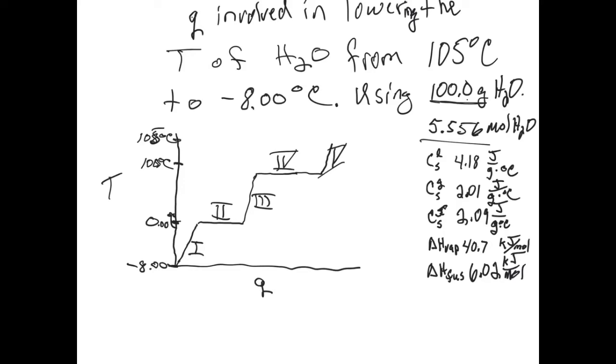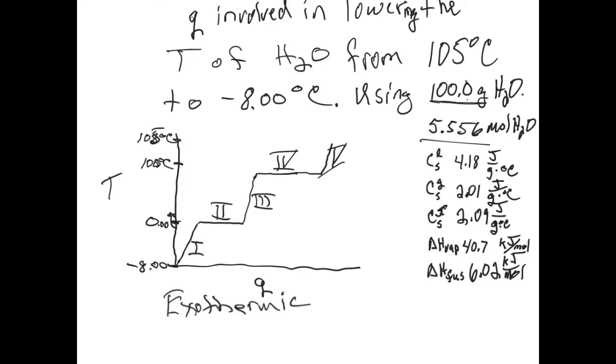So going from 105 to -8 turns out to be exothermic. And to go the other direction, if I wanted to go from -8 to 105, that would be endothermic because heat would be absorbed in order to do that.